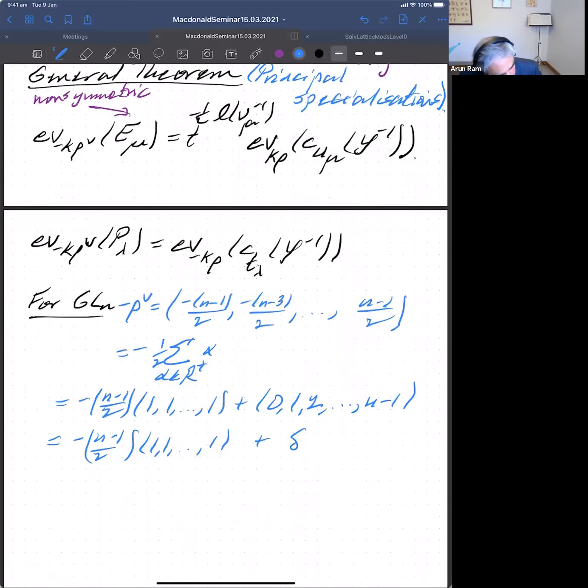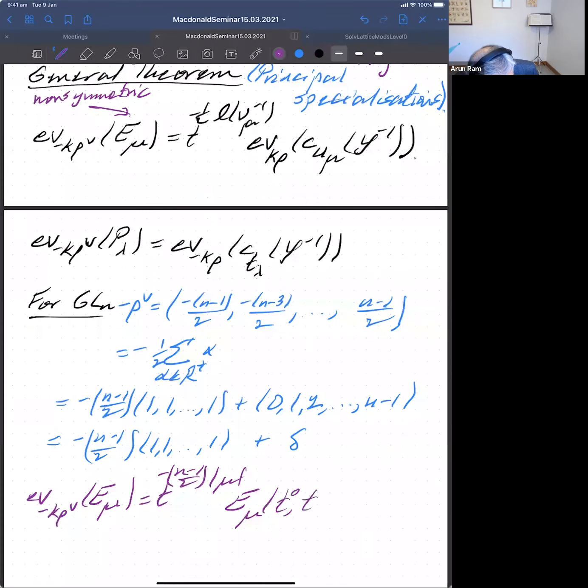But we can see the crucial point for this vector here, because if you look in Macdonald's book, what he writes, well, let me write the formula, is that evaluation at minus k rho check of E mu is equal to t to the minus (n minus 1)/2 to the size of mu, E mu evaluated at t to the 0, t to the 1, up to t to the n minus 1.